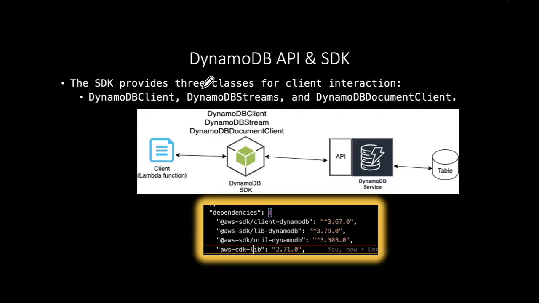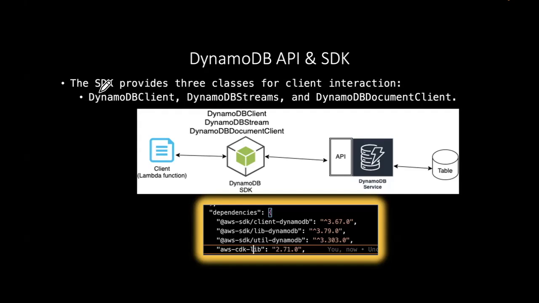Now, what I'm just documenting here is that the SDK provides a number of classes, in the object-oriented sense, that we can use. I think there are about three actually, classes that you can use to communicate with the DynamoDB service.